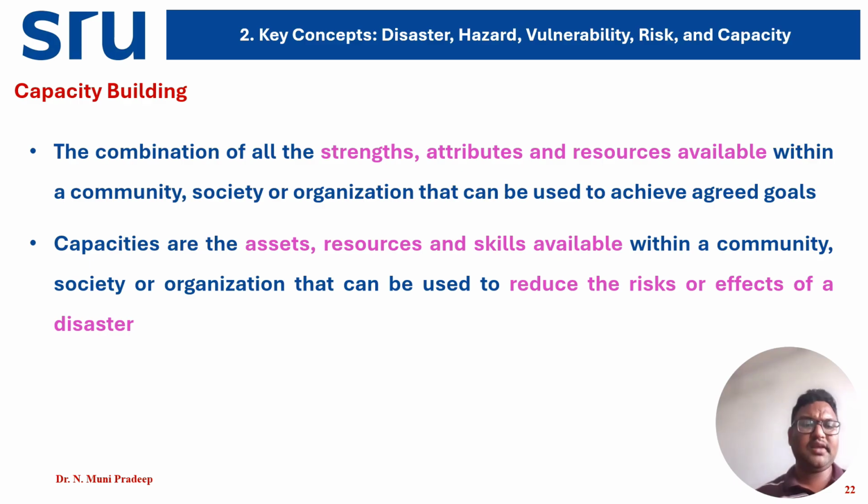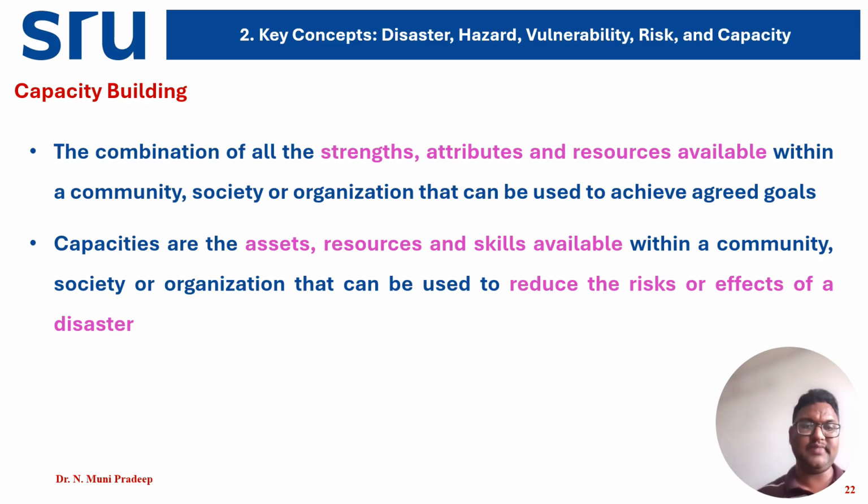While vulnerability tells us what makes a community weak, capacity tells us what makes a community strong. I'm repeating: vulnerability tells us what makes a community weak; as a counterpart, capacity tells us what makes a community strong.